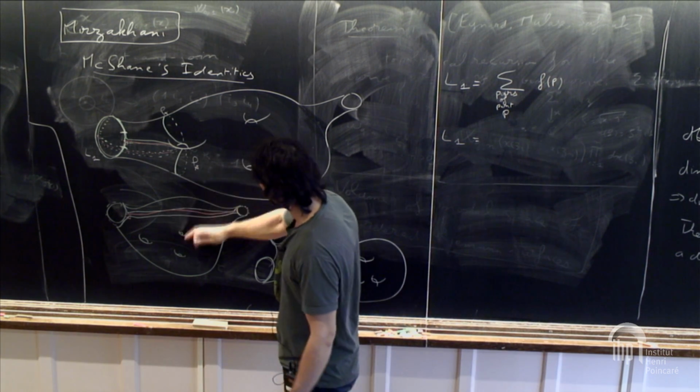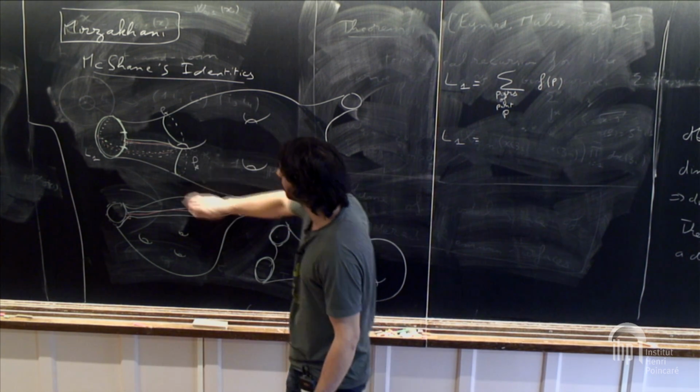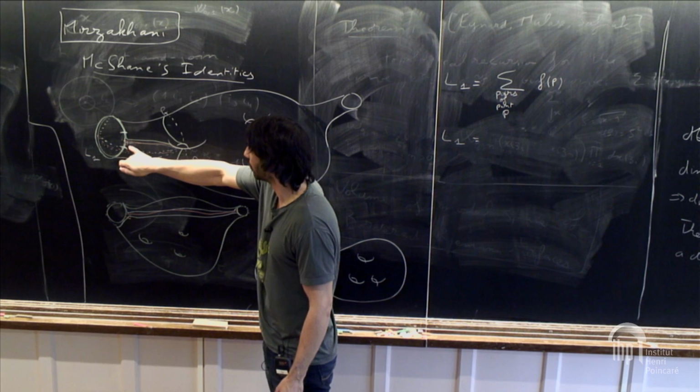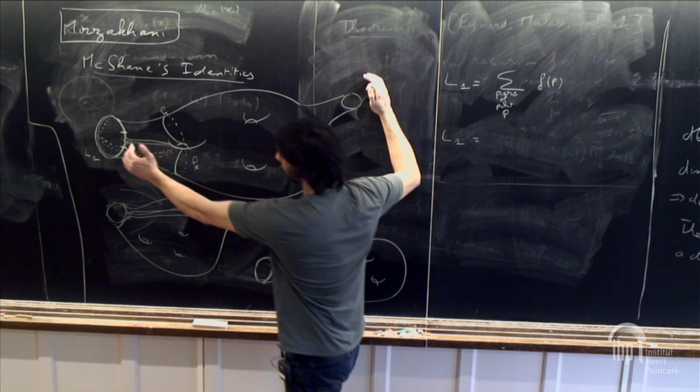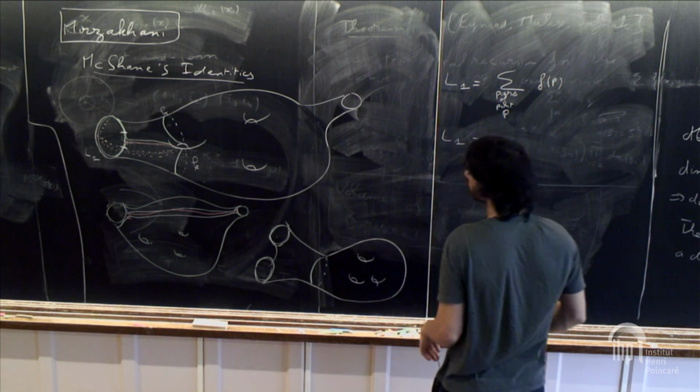There are two things which might happen. Either the pair of points has only one boundary component in common with the surface that you start from, or it has two.